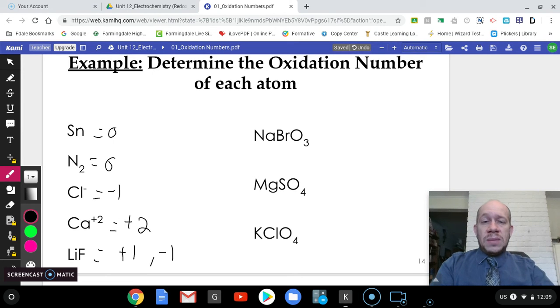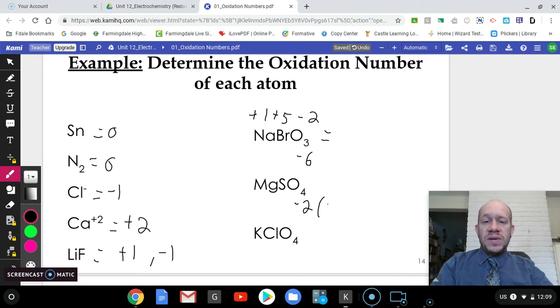And so NaBrO3, sodium bromate, my oxygen will be a -2. I have 3 of them, so I'll have a -6. Sodium is going to be a +1. Therefore, to make my sum equal 0, my bromine has to be a +5. Magnesium sulfate, oxygen is always a -2.